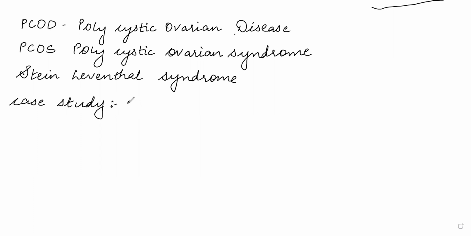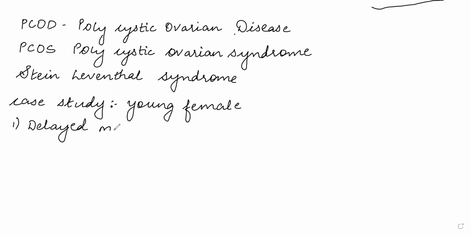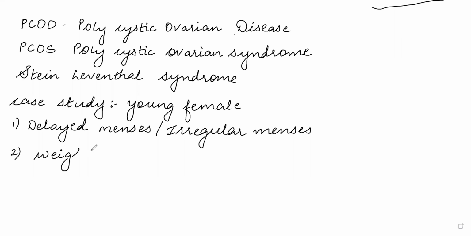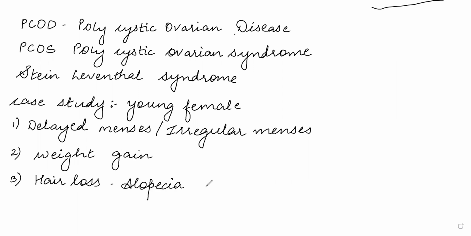So, my dear students, suppose, for example, any young female who complains of, number one, delayed menses or irregular menses, associated with weight gain, plus hair loss, which is referred to as alopecia. So this female will complain of a lot of hair fall as well.